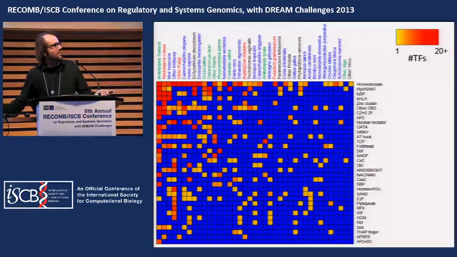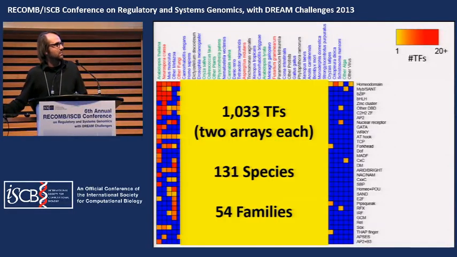You can see we're not only doing metazoans, we're not only doing plants, etc. No assay is perfect, so we targeted about 2,000, and we ended up getting about 1,033 different transcription factors. Again, these are done in duplicate on our 2 different array designs. These cover in total about 130 different species and over half of the transcription factor families.